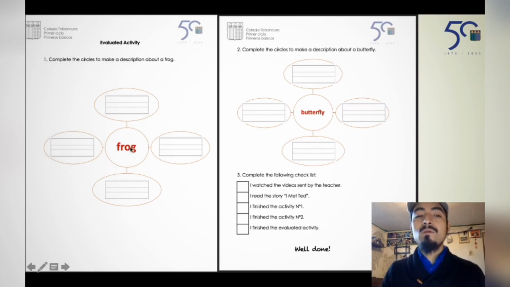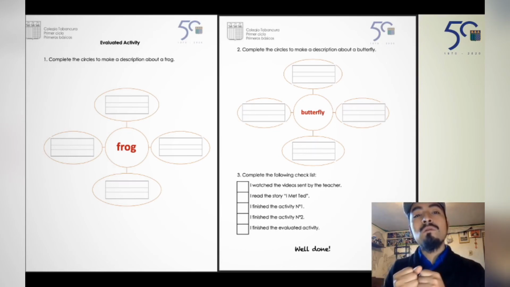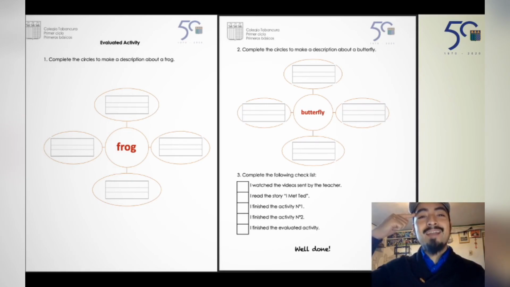In the middle, we can see the word frog. You have to use 4 words to complete each circle. You can take the information from the previous activities. You can take the information from the cornerstone, or maybe you already know and you can take the information from your head.